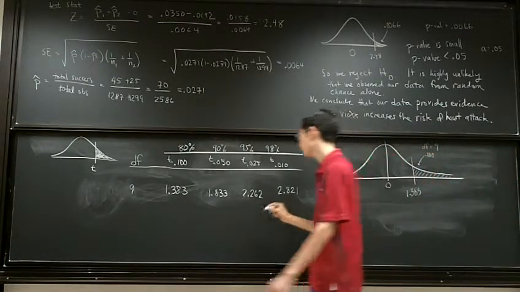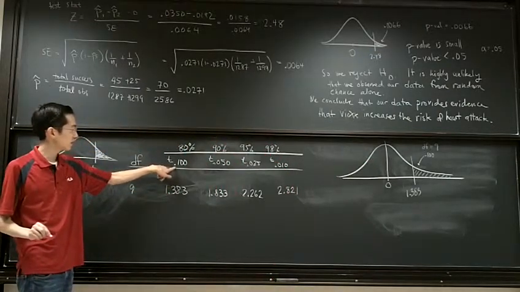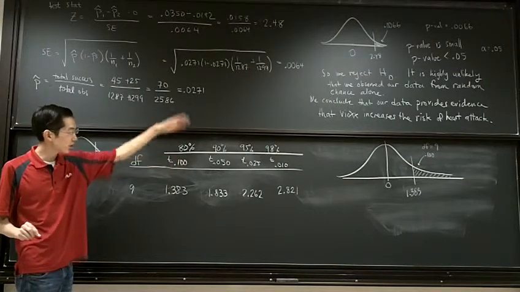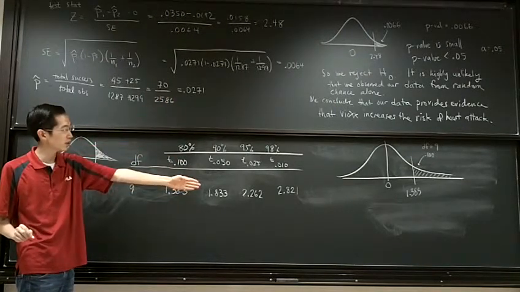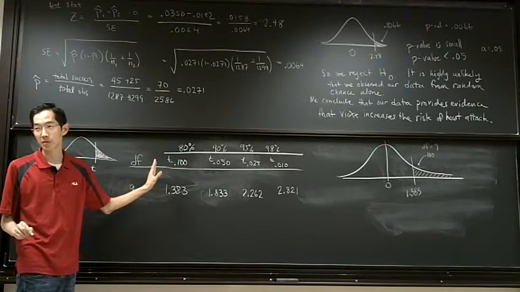That's because 1.383 corresponds to t.10.